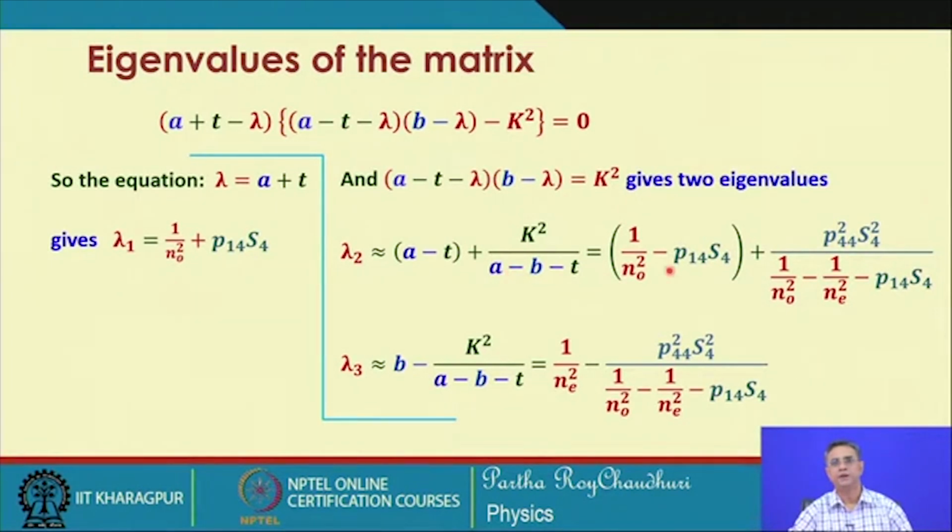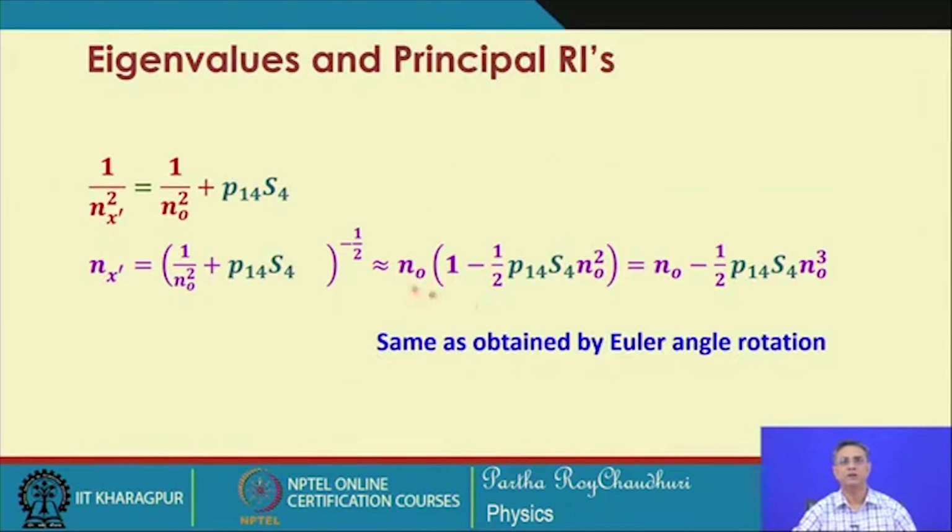Therefore, this a minus b is to represent this 1 by n square minus p 14 s 4, plus this quantity k square by a minus b, t will come from here, and for lambda 3 this will be approximately equal to b minus k square by a minus b into t. So, this will lead to this result. So, we can actually calculate all the values.